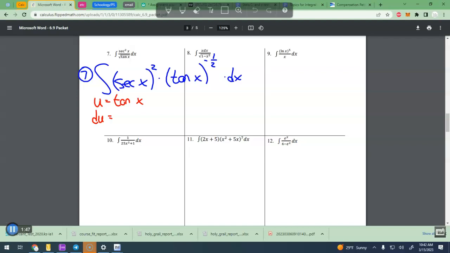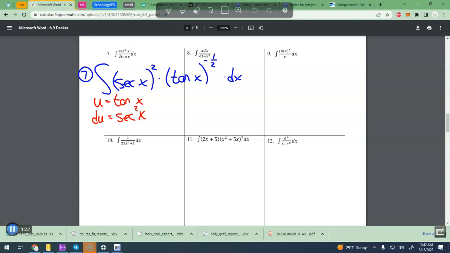No, because you have to do quotient rule. Still waiting for the derivative of tangent. Secant squared. Good job, everybody. That would have helped a lot last time. Do you see how you can't do these if you don't have those memorized? Like you're basically stuck. If you don't know, you're screwed.